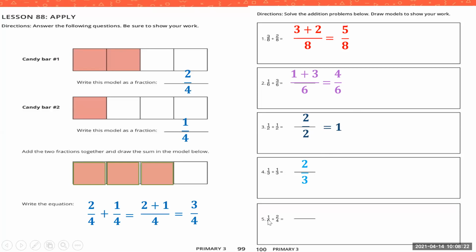Okay, now in question 5, 1 over 4 plus 2 over 4. I have here the same denominators as we said. Okay, so we will put 4 and add 1 plus 2. So 1 plus 2 equals 3, and we will put 4 as it is, okay?